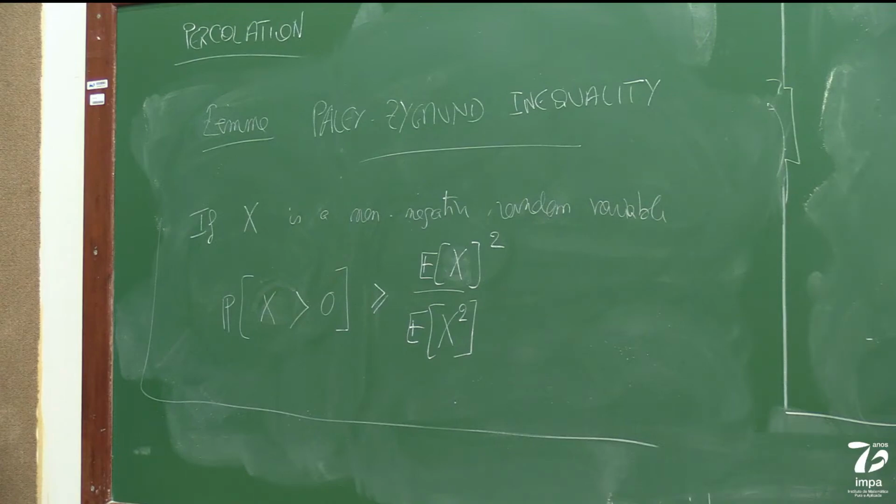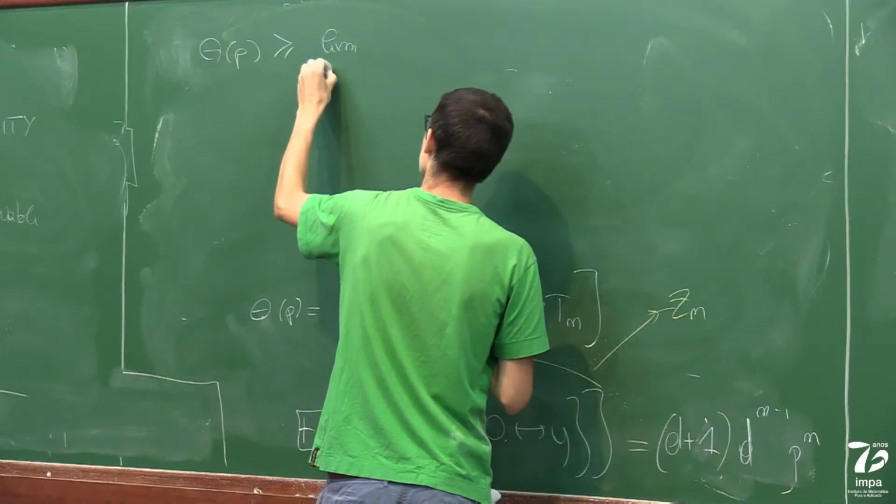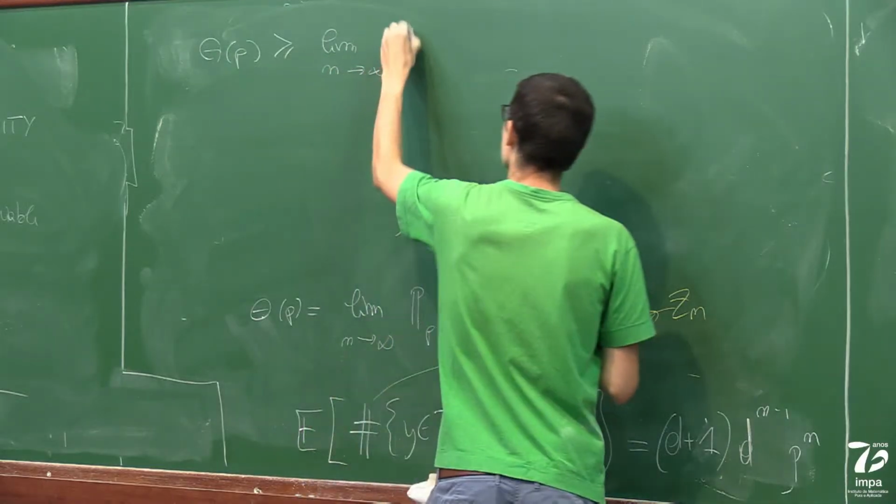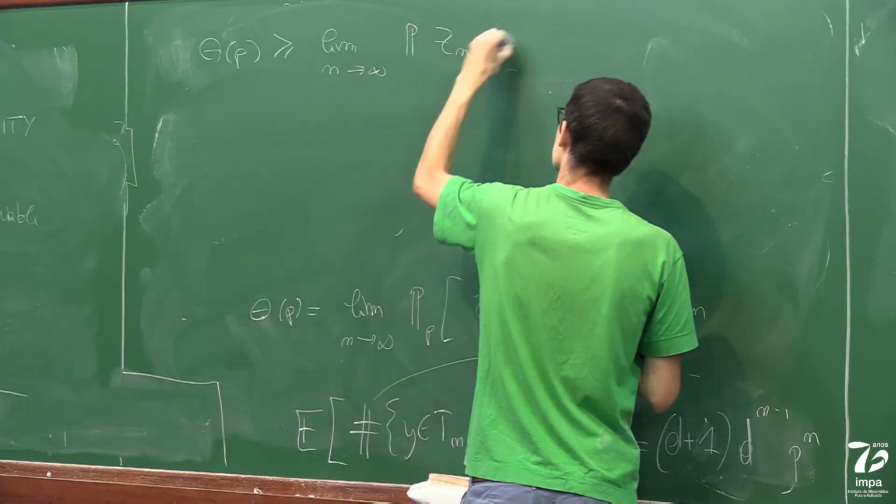So what we have is that theta p is larger than the limit when n goes to infinity of the probability that Zn is positive.